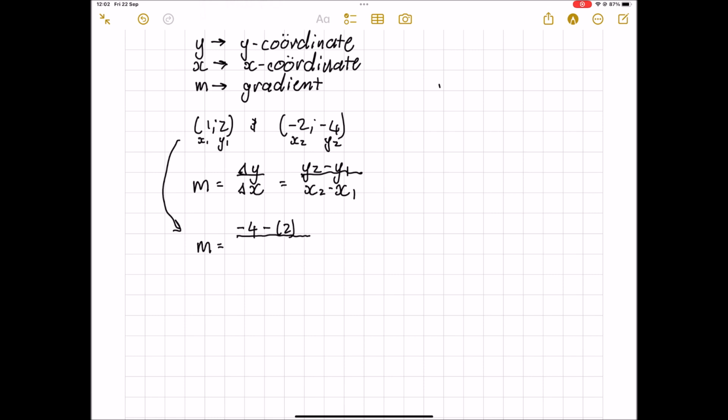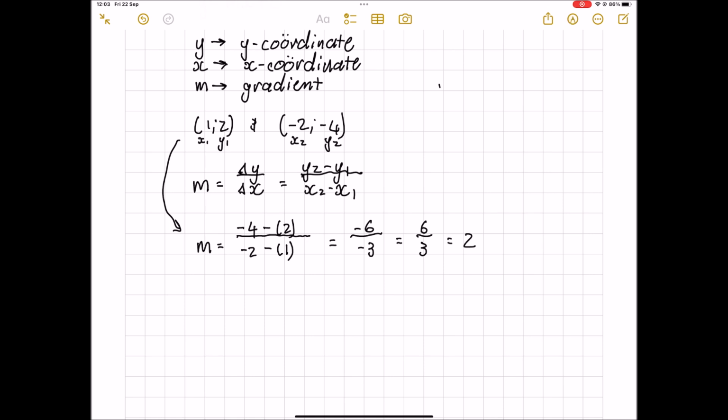Done with the y's, and now you move on to the change in x, which is x2 minus x1. And you plug those values in again. Then you get -4 minus 2 is -6, -2 minus 1 is -3. The negatives cancel out. You get 6/3, which is the same as saying 2.